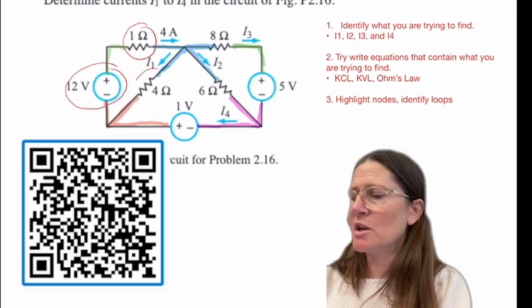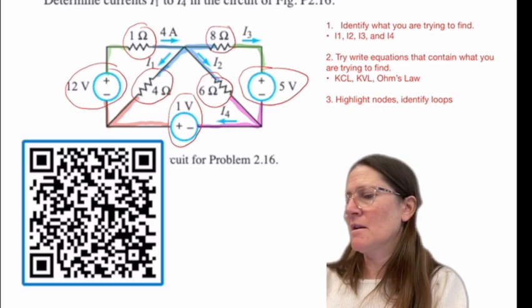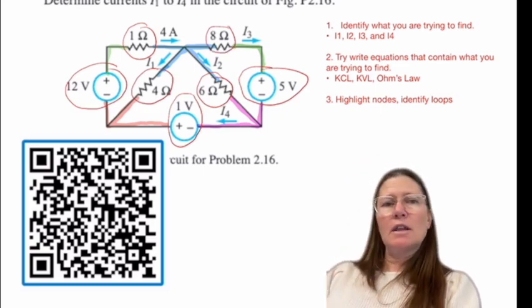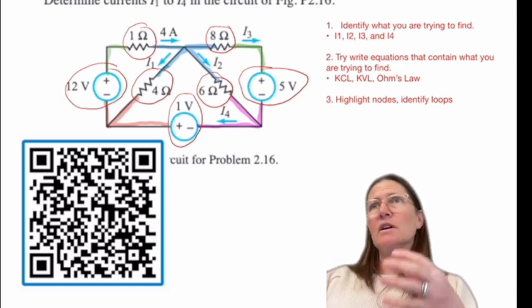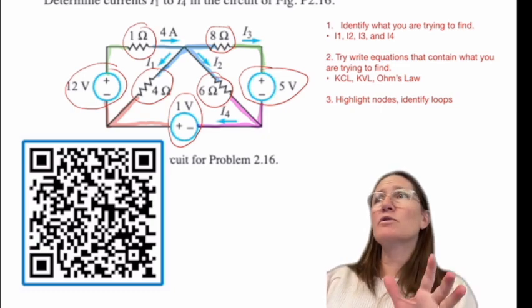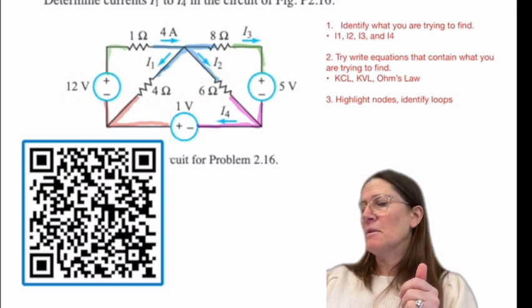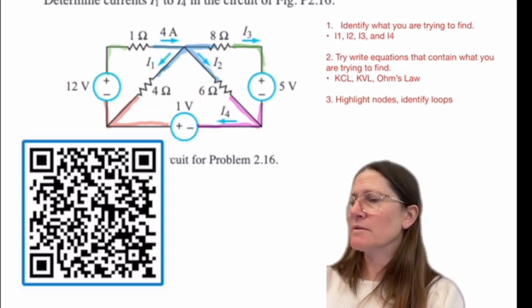So these would be my elements. And then after I've identified the elements, I'm going to highlight the wires in between each of the elements. And each of those is going to be a node. So the node is a wire between elements.